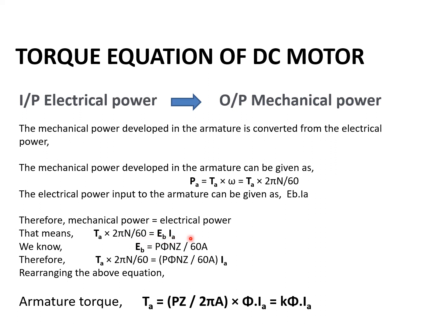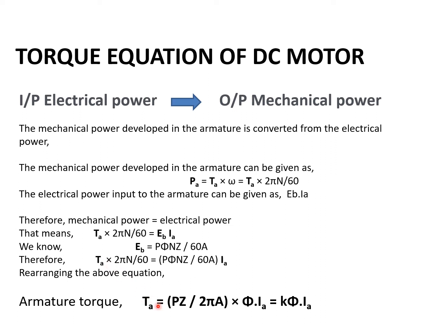Torque into 2 pi N upon 60 equals the electrical power, which equals Eb into Ia. After rearranging, we can put Eb equals P phi Z N upon 60A and rearrange this equation for the torque.